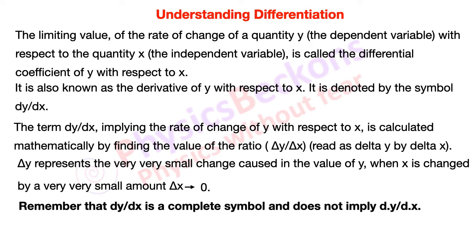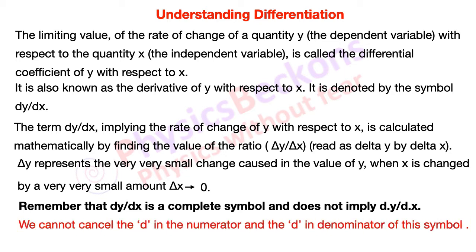Remember, dy by dx is a complete symbol and does not imply d into y divided by d into x. You can never cancel d in the numerator with d in the denominator. That will be meaningless. It's one complete symbol, dy by dx, which indicates the differential of y with respect to x.